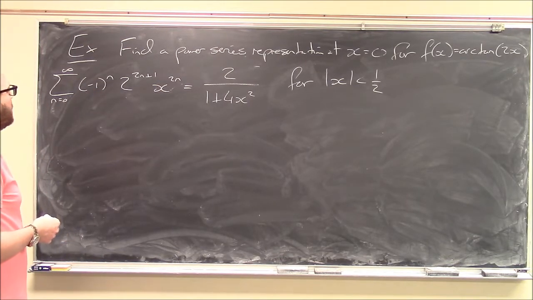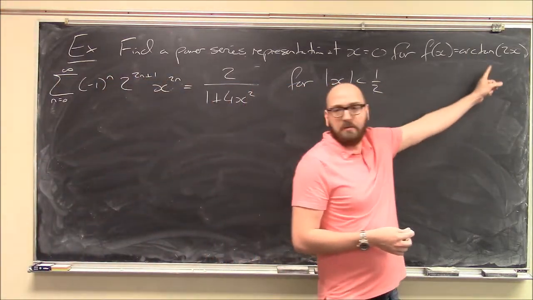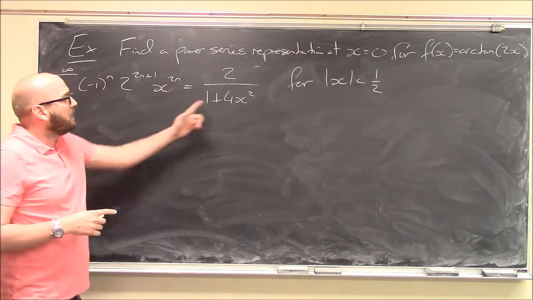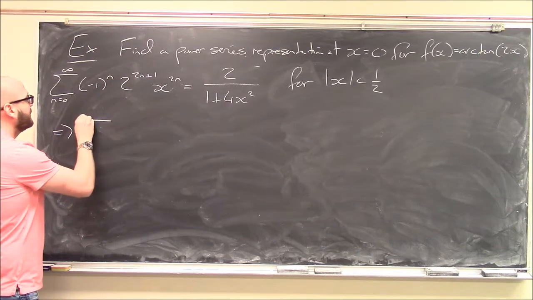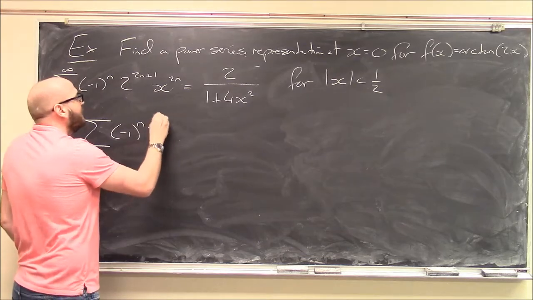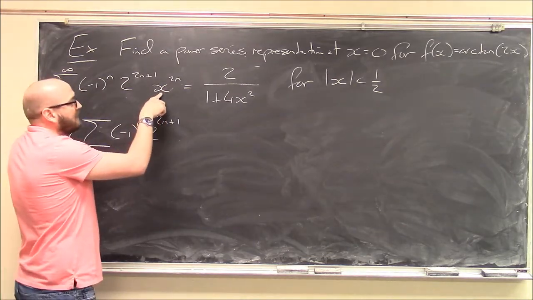So what do I need to do now? Well, remember, this was the derivative of this guy. So if I want a power series representation of arctangent, all I have to do is integrate this. So we'll integrate both sides. The integral of the left, well, minus 1 to the n, 2 to the 2n plus 1. I'm integrating with respect to x, right?